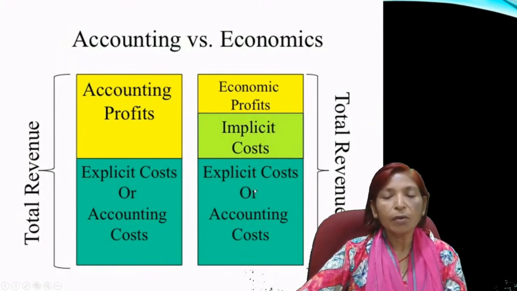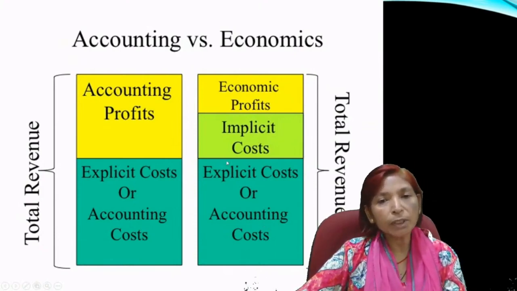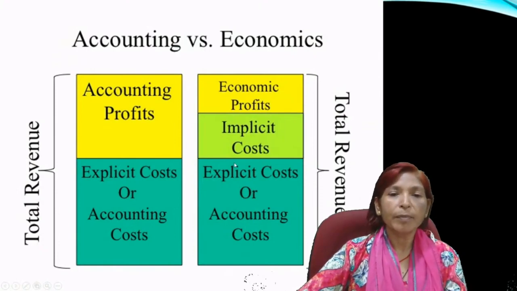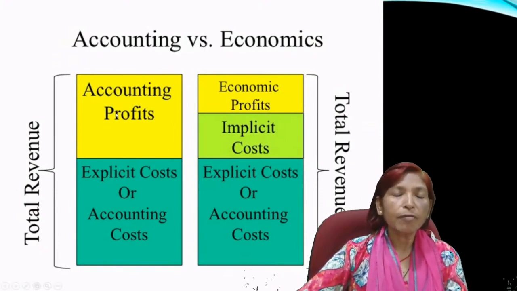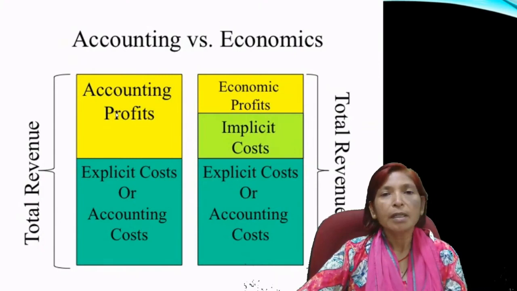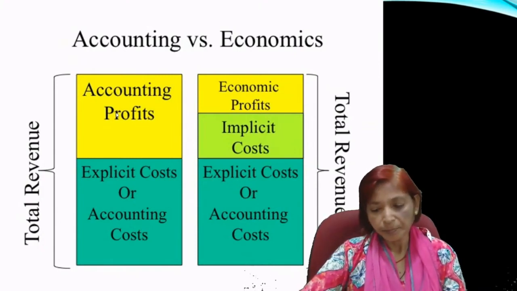So if we include both types of cost, explicit and implicit, then we can estimate economic profit, and accounting profit only includes explicit cost or accounting cost, not indirect or implicit cost.